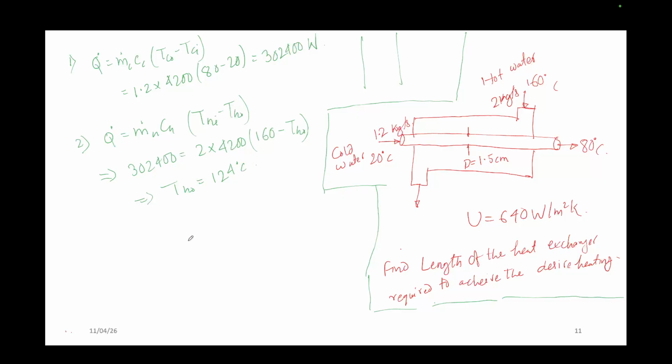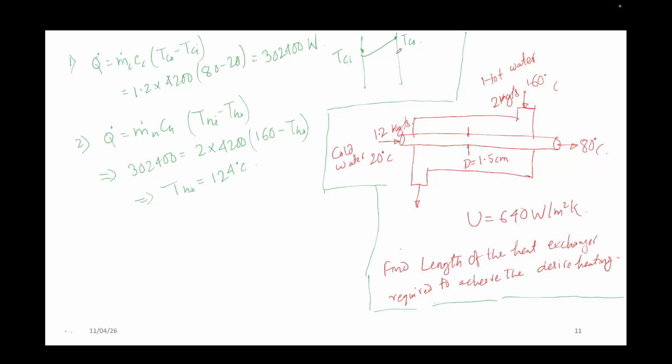Okay, so that is the value you are getting. So now from the LMTD, what type of flow is it? So what will happen if I draw the profile starting from here? First say this is for the tube, the cold side. If it is TCI, its temperature will increase to TCO.